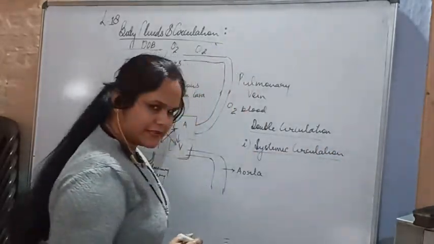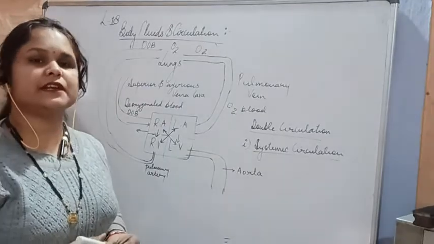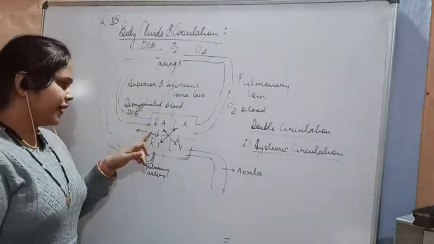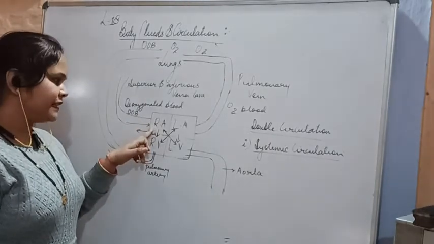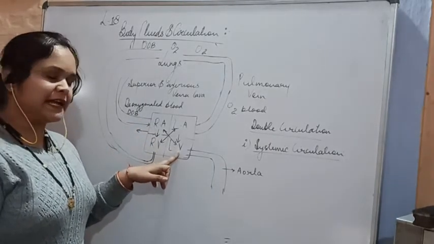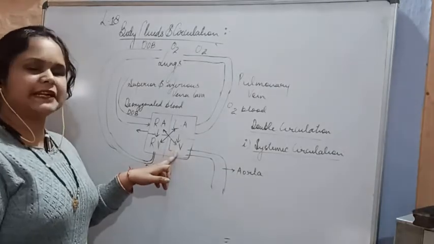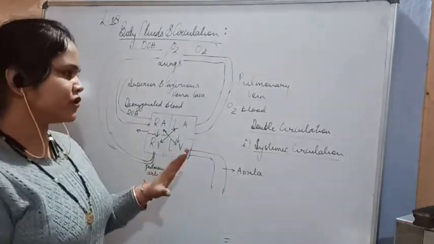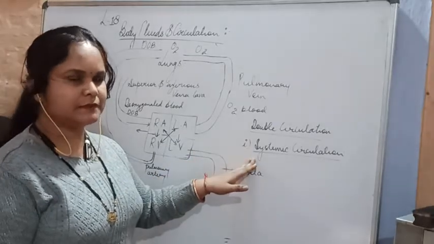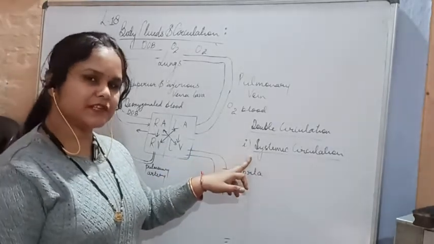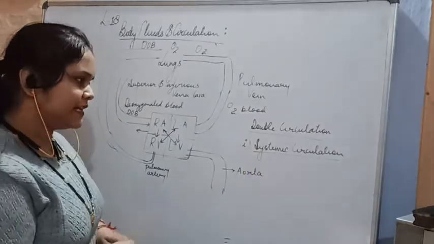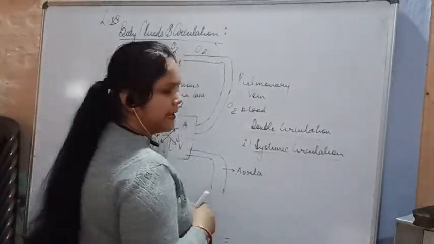When first time the heart receives the deoxygenated blood from all parts of the body in the right auricle, and then the heart transfers the oxygenated blood to all parts of the body, that circulation is called systemic circulation. Heart transfers the oxygenated blood and receives the deoxygenated blood. This circulation is called systemic circulation.